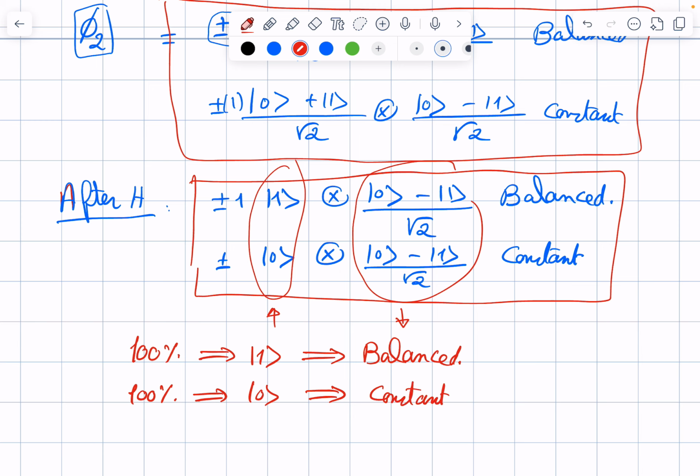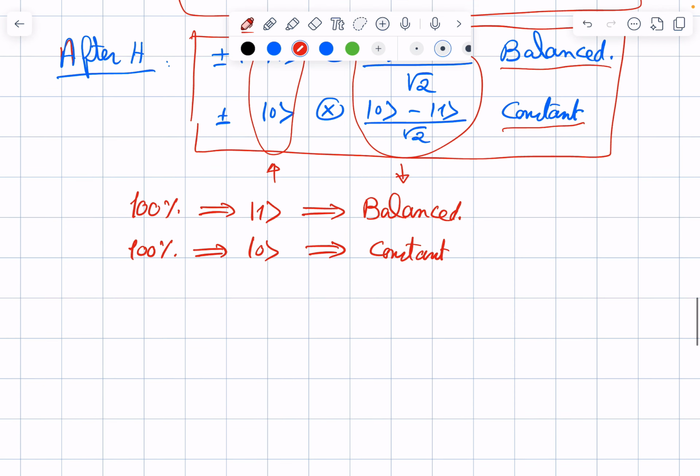And all that it required is a single measurement. This is exactly what we call quantum parallelism, because we don't need to make several or successive measurements. A single measurement will allow us to know if the function is balanced or constant.